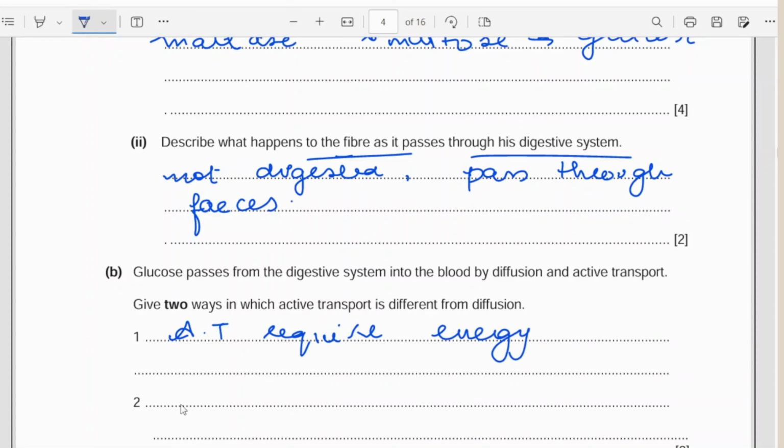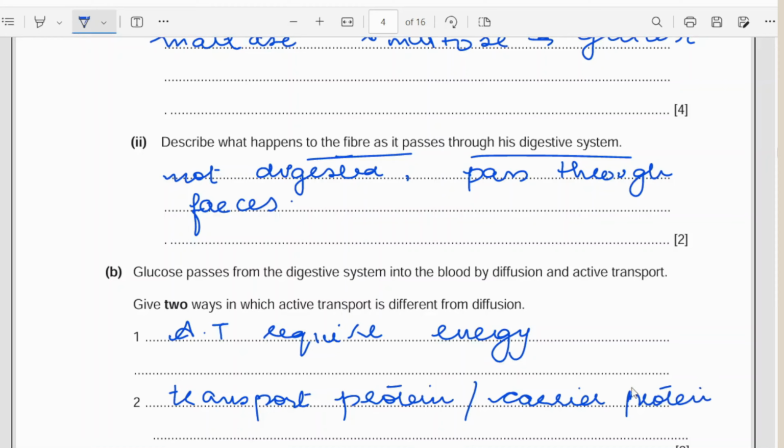Okay, energy, or they need transport proteins. Carrier proteins. Okay. And the main definition is it's a movement of particles from an area of the gradient.